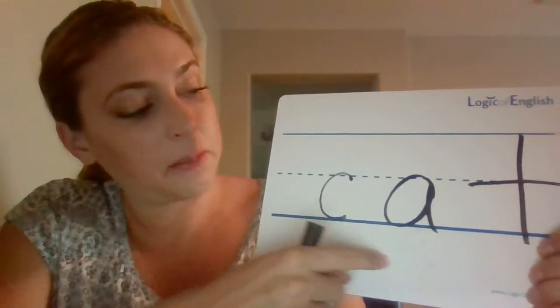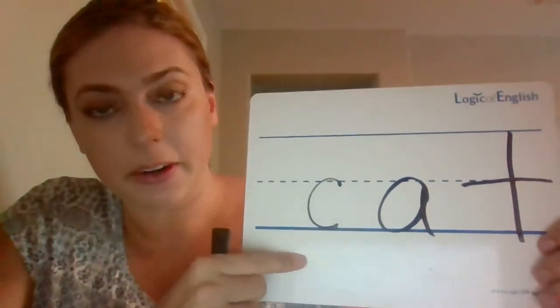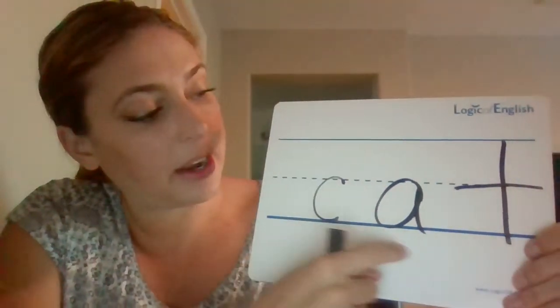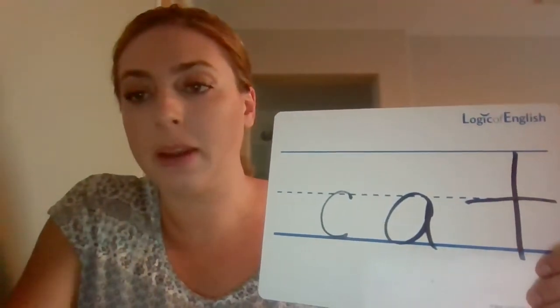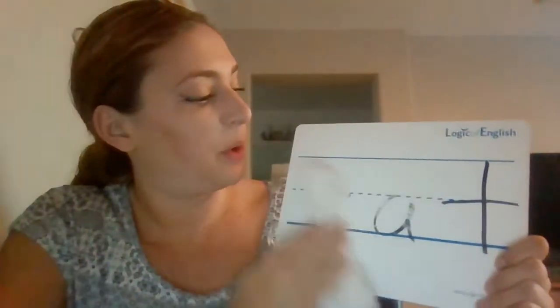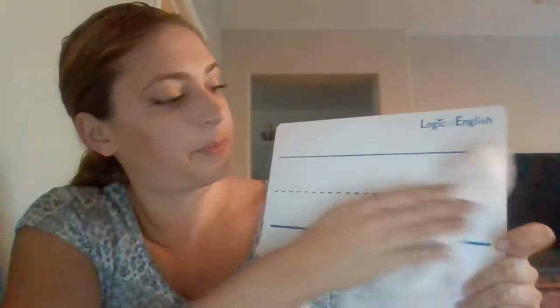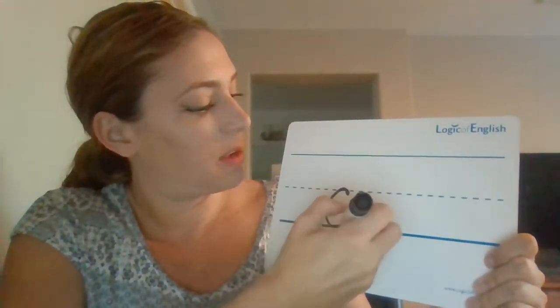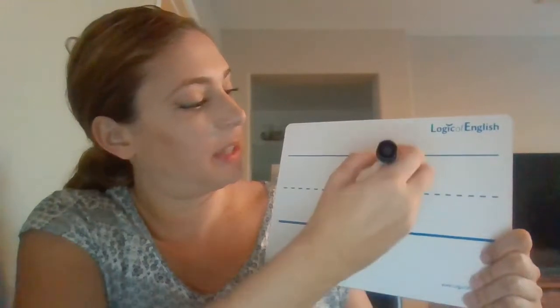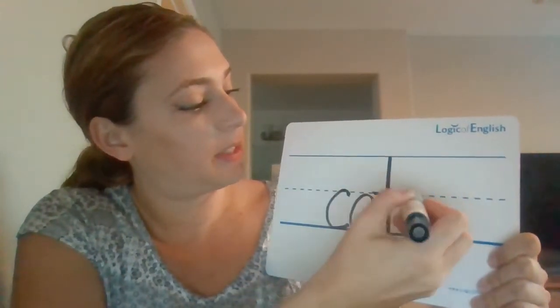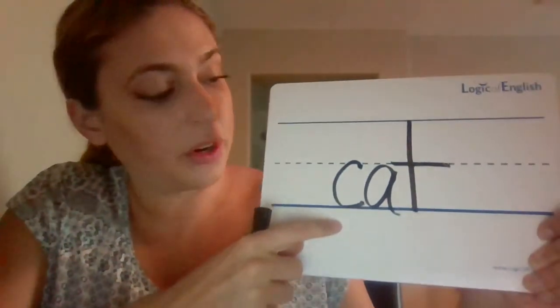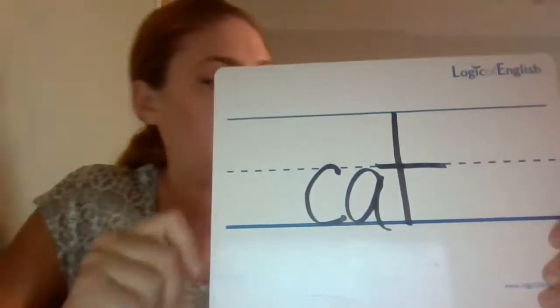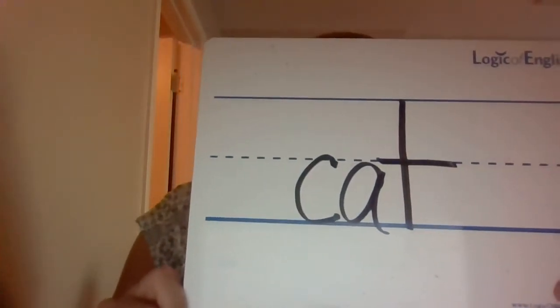This does not tell me to blend the sounds together. It does not tell me to read it as one word, right? Because when we write words, our letters come together. They're next to each other to let us know that the sounds come together to make one word. K, at, cat. Okay?